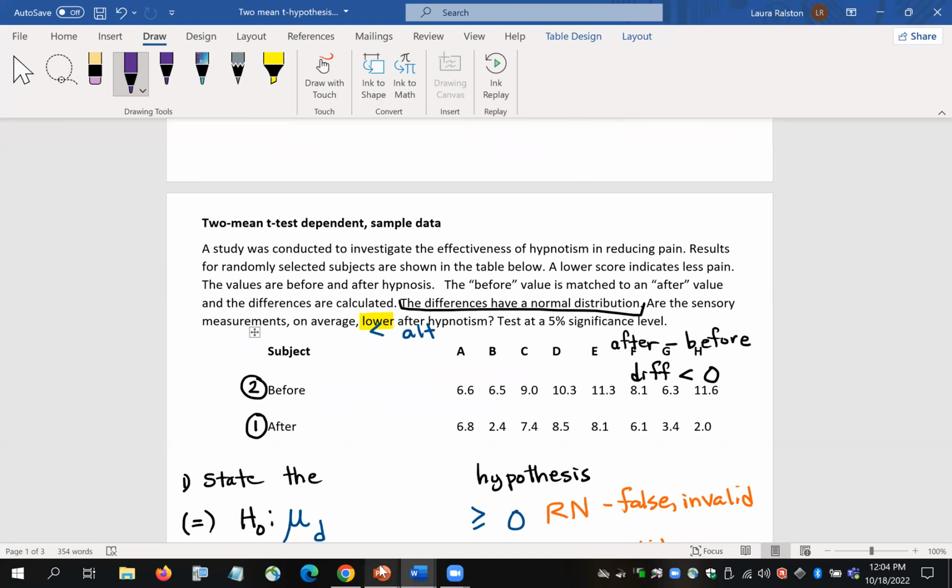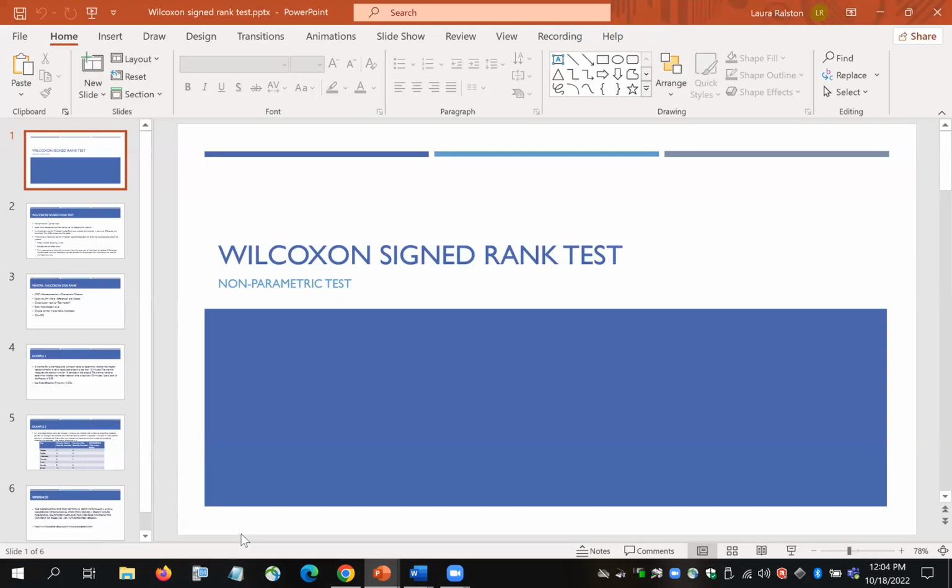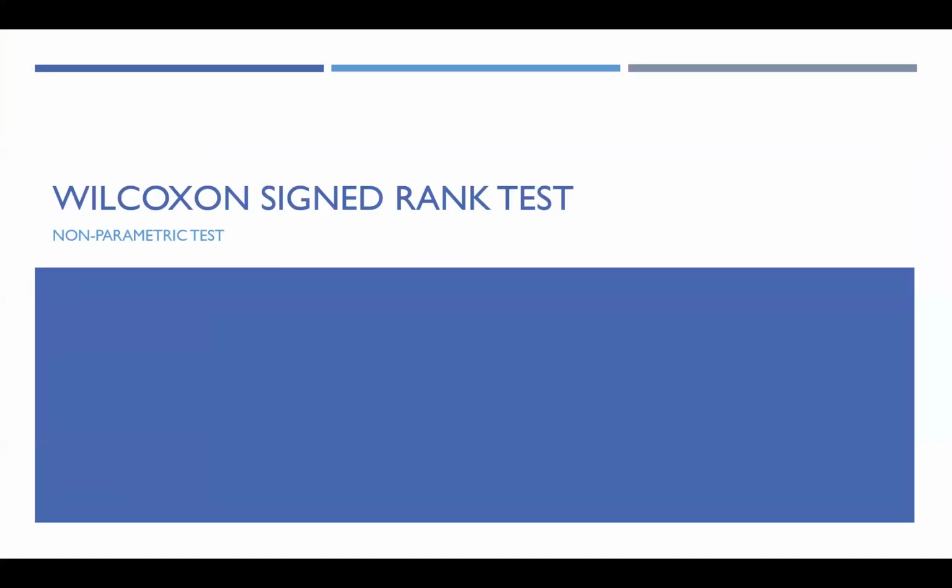Well, if we don't know that our differences have a normal distribution, then we aren't able to use the paired t-test. And we may have to consider a non-parametric test. The comparable non-parametric test is called the Wilcoxon signed rank test.